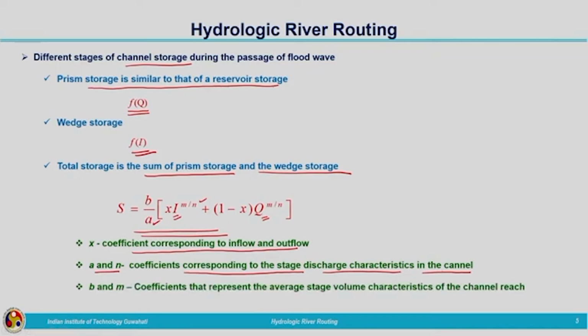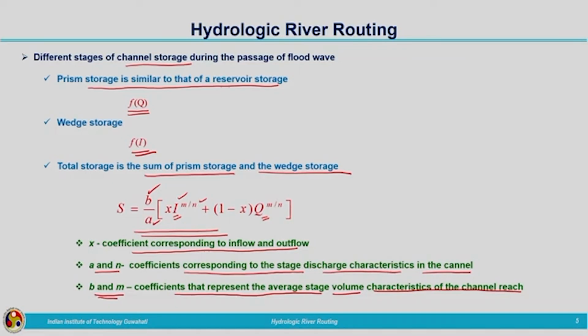And B and M, we are having coefficients B and M. These are the coefficients that represent the average stage volume characteristics of the channel reach. B and M are related to the average stage volume characteristics. A and n are representing the stage discharge characteristics.